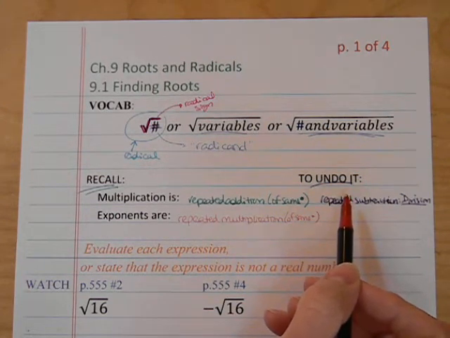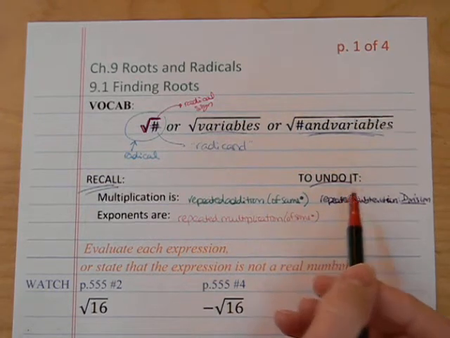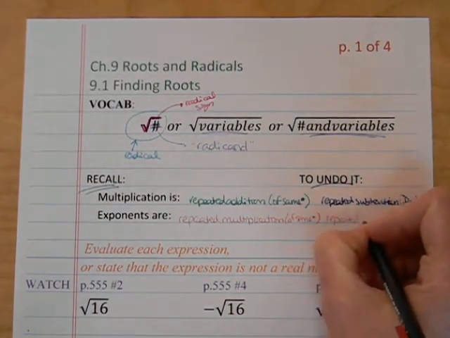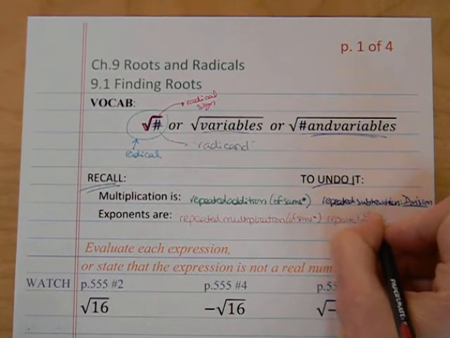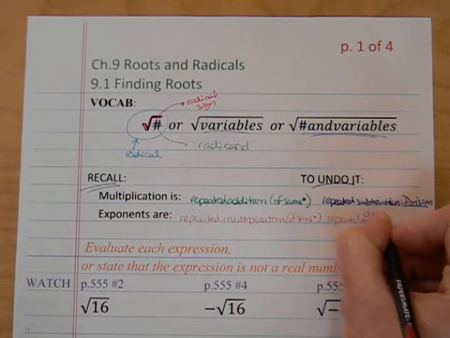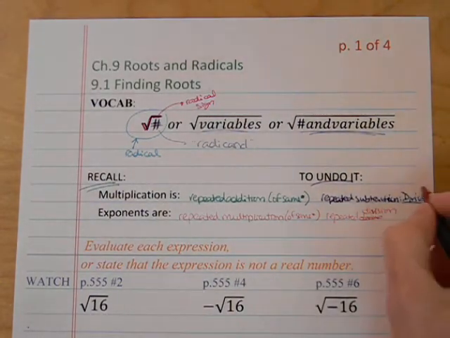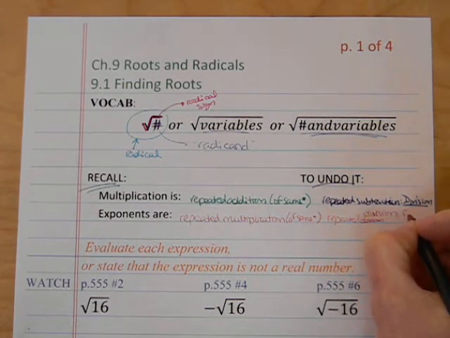So with exponents, it's repeated multiplication of the same number. To undo that, we would do repeated division of that same number. And we know that to be finding roots.